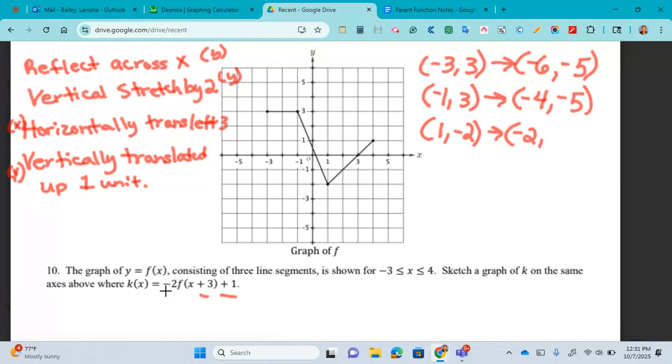My y was reflected, so what was negative now becomes positive. Excellent. It was vertically stretched by a factor of 2, so 2 times 2 is 4. And then it was vertically translated up 1 unit, so 5.